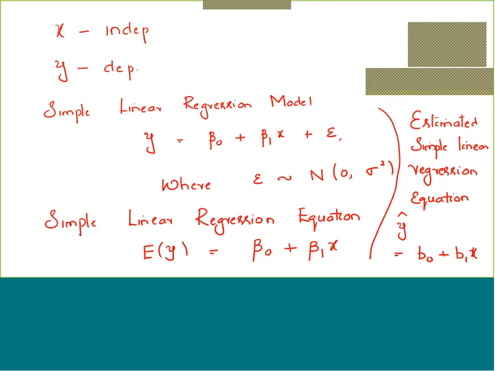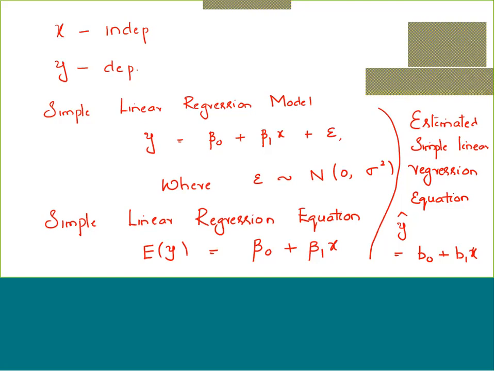After that, we have gone for the analysis of variance for the simple linear regression equation, as well as tests of significance for this equation. We have also calculated the coefficient of determination, that is the strength of the data, and also the correlation coefficient.